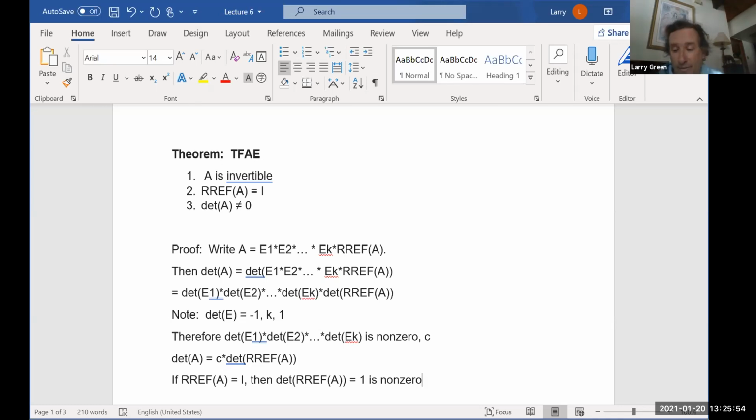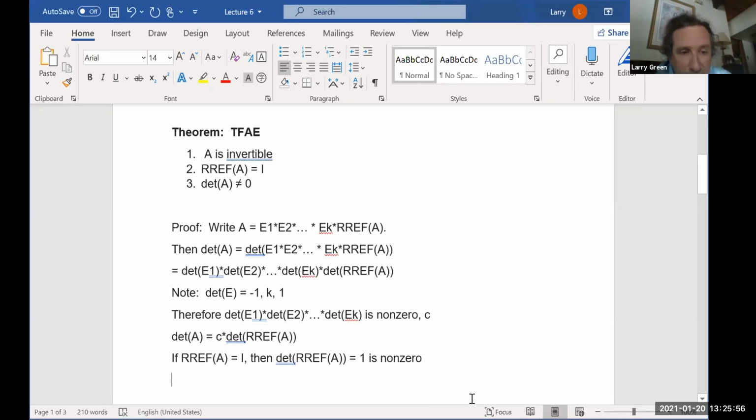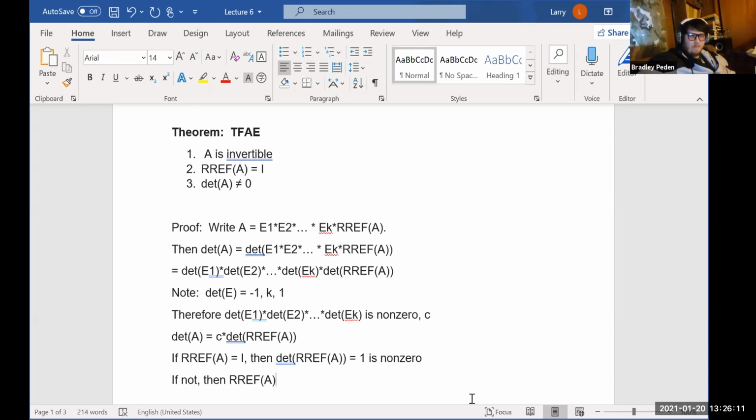Now we've got to go the other way. So what else could RREF of A be? If not the identity, then what do you know about RREF of A? For a square matrix, if it's not the identity, what do you know about the last row? Yeah, it's a row of zeros. The last row must be zeros. Does that make sense?